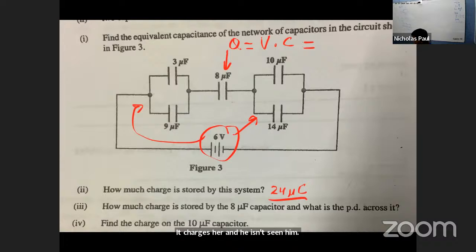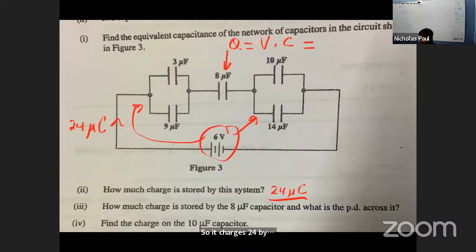Hold on. So what is the charge flowing in this circuit? 24, right? So the charge is 24 microcoulombs.